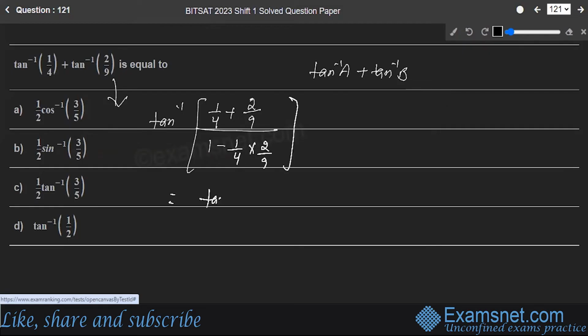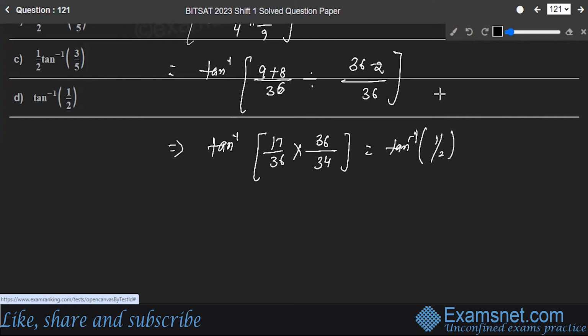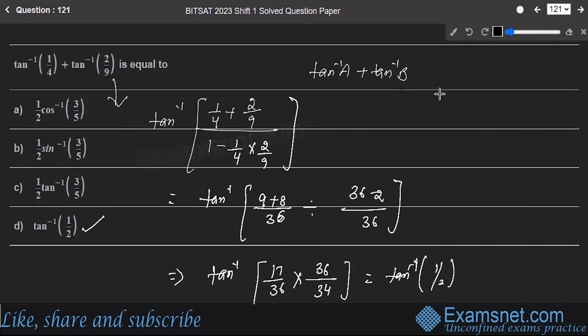So this is equal to tangent inverse (9 plus 8) upon 36 divided by (36 minus 2) upon 36. That gives you tangent inverse 17 upon 36 multiply 36 upon 34. So this is tangent inverse of half. That's it. Tangent inverse of half. We have D as the right answer.